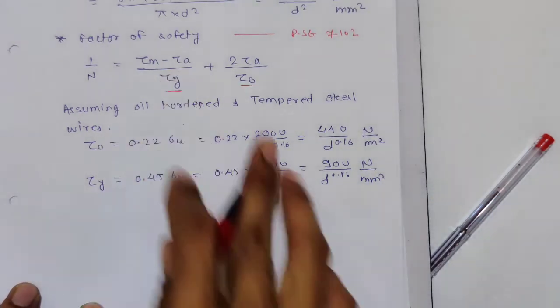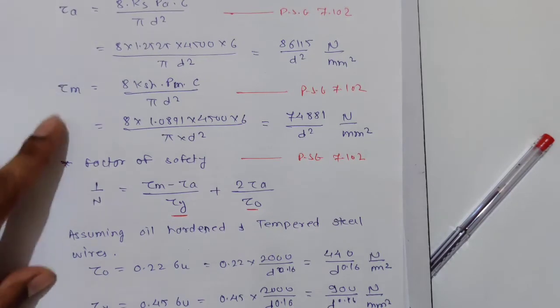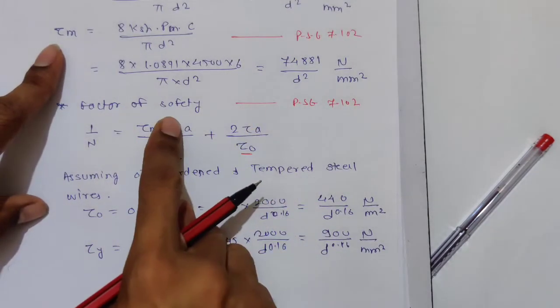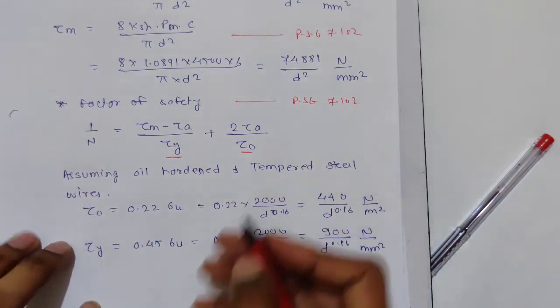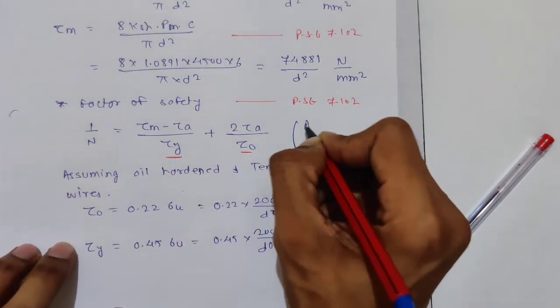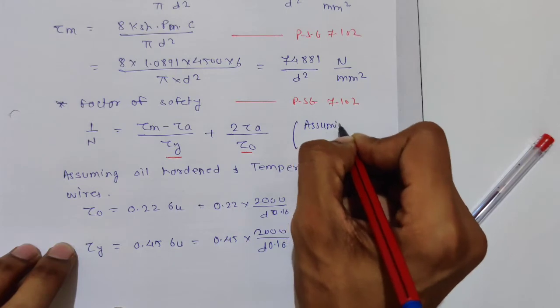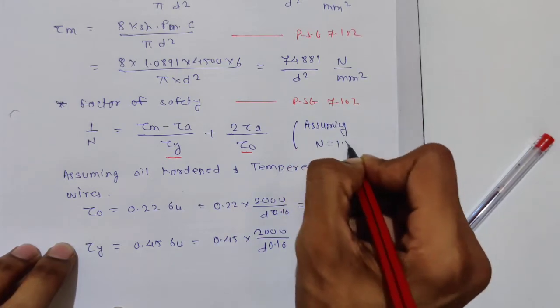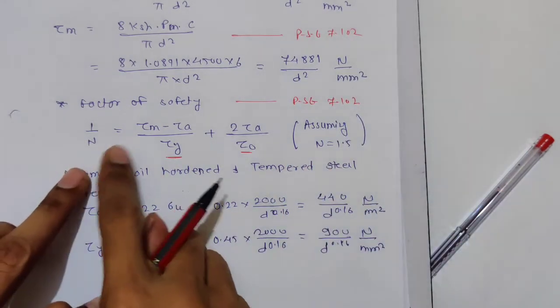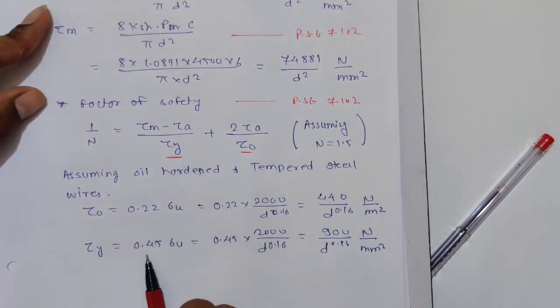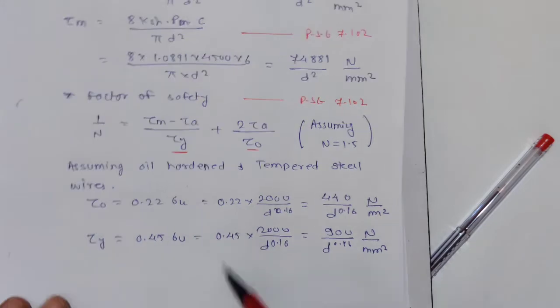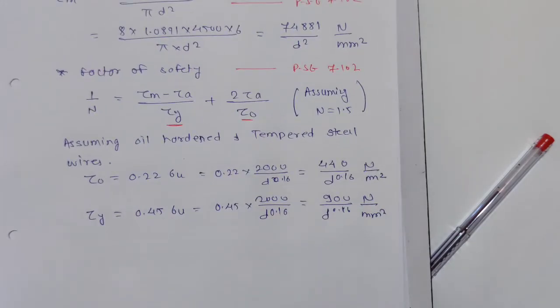Now put all these values of tau a and tau m in this equation. Also assume n is equal to 1.5. Then we have tau m, tau a, sigma y and tau e values, and find d. The rest is the same as the previous problem.